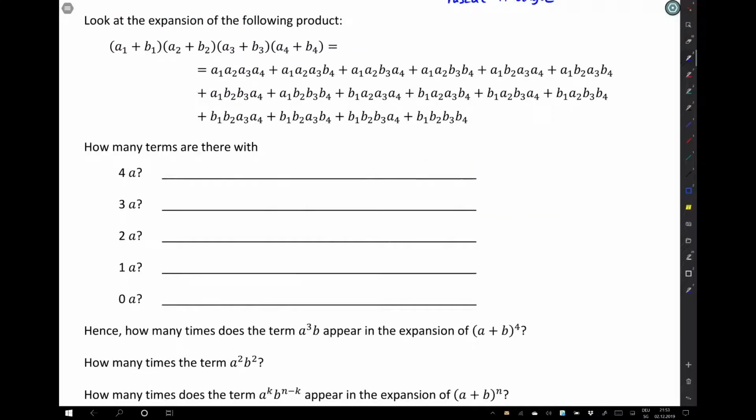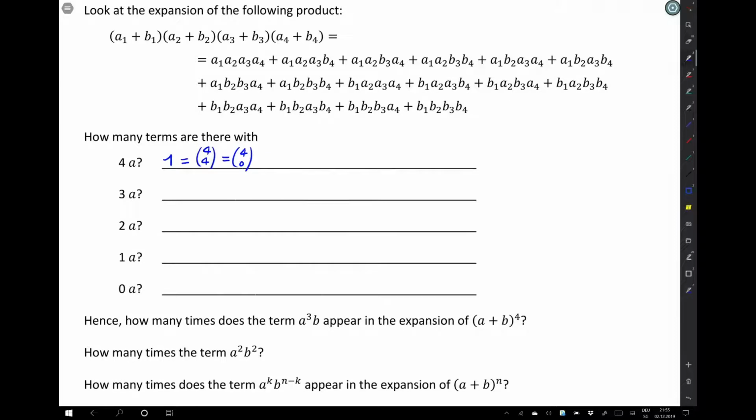So how many terms are there with 4 a's? As we see, only one. And this is obvious because the only way to get a term with only a's is if we choose in each of the brackets the a. And there is only one way of doing that. We are choosing 4 times between an a and a b.